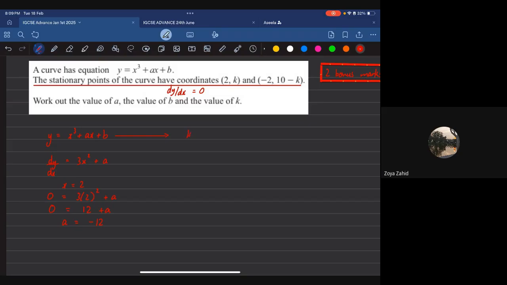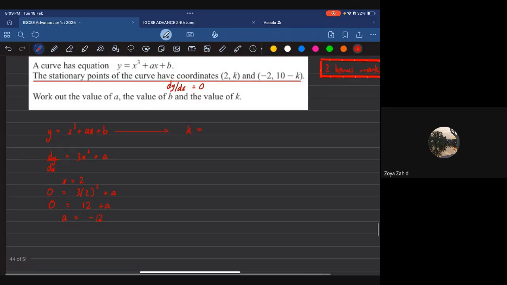y is equal to k when x is equal to 2, so 2 cubed, plus minus 12x. Now we already know the value of a, plus b. b is still b because we don't know the value of b. b is also the y-intercept. All right.